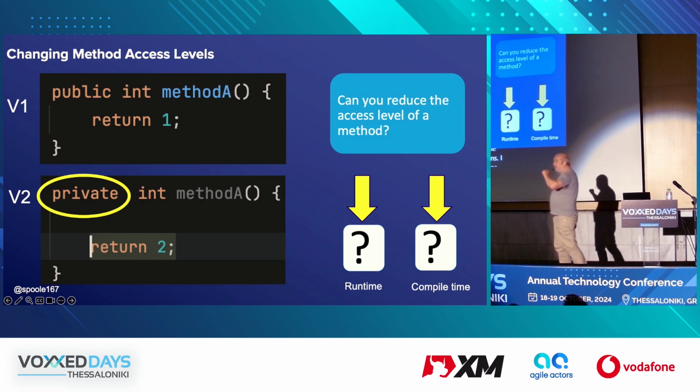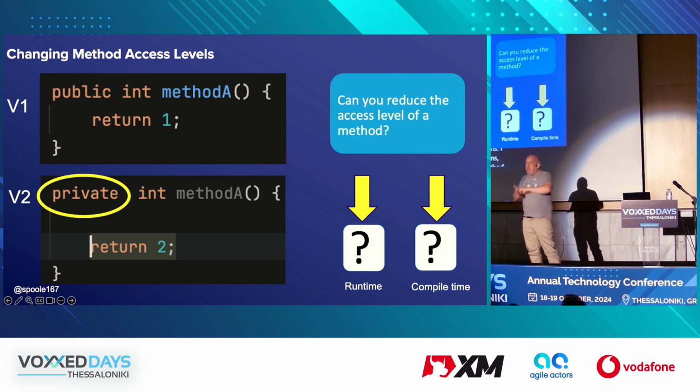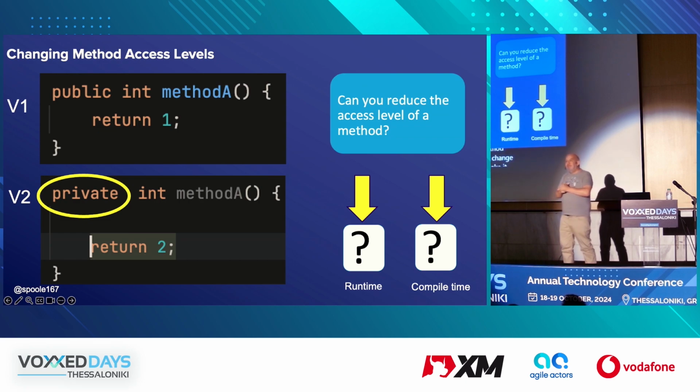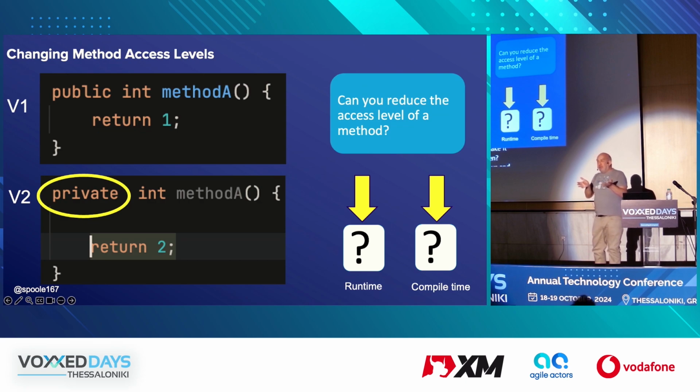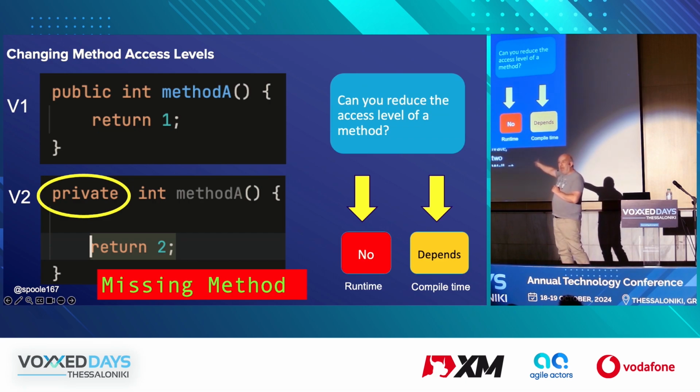You have a method called A, and it's public. If you change that method on your API to make it private, what's going to happen to your end user? If you reduce the access, version 1 public, version 2 private, what happens? Well, at runtime, it will fail because that method is invisible.